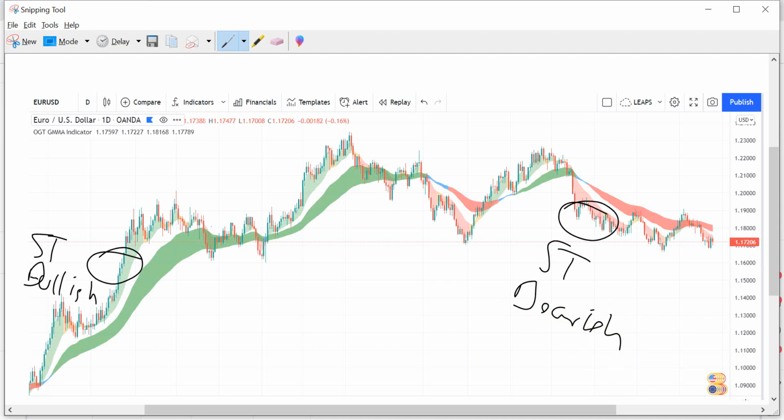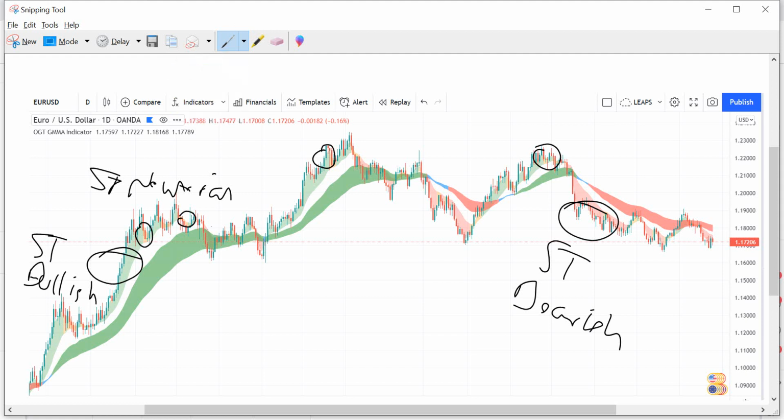Now, if you see in the short term a yellow, as you can see here, it might not be that clear on the screen, but I'm just trying to circle a few pieces of yellow. That is where the short-term traders are neutral. So we're not either bearish or bullish. So that's how the short-term group interacts with one another.